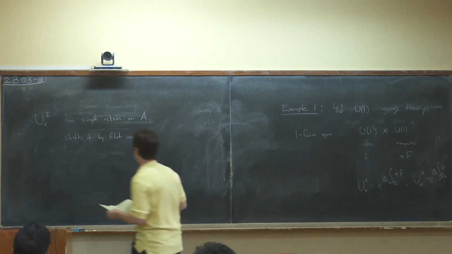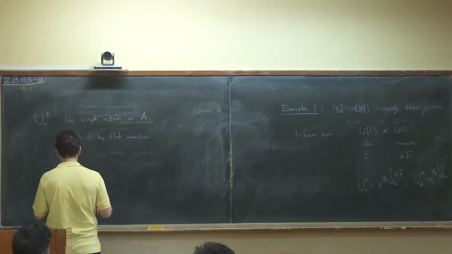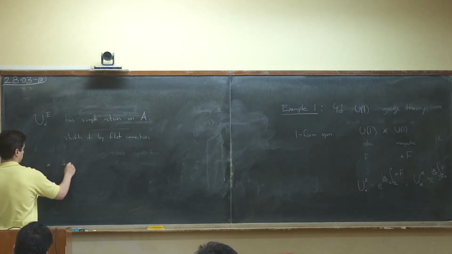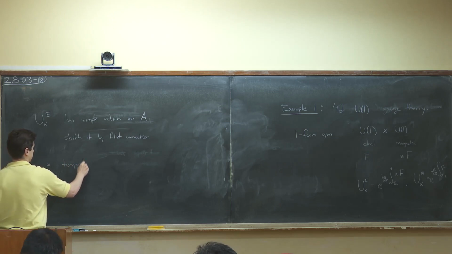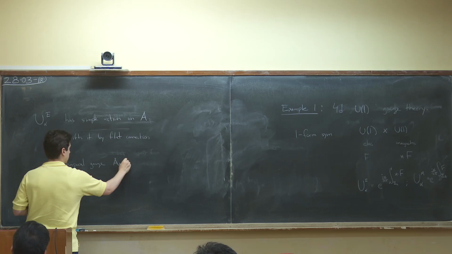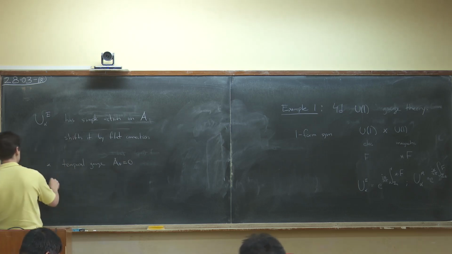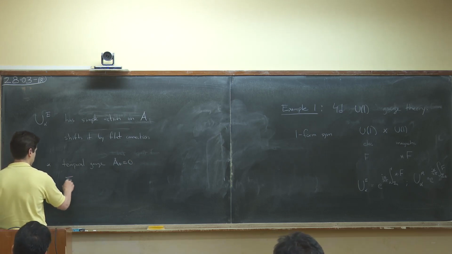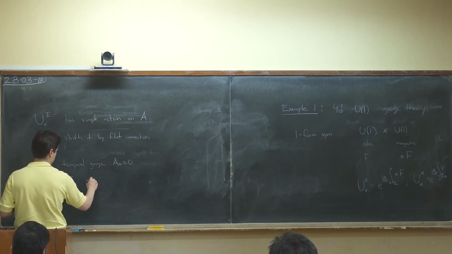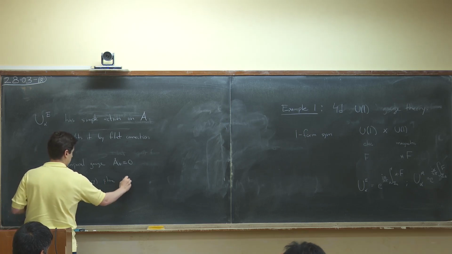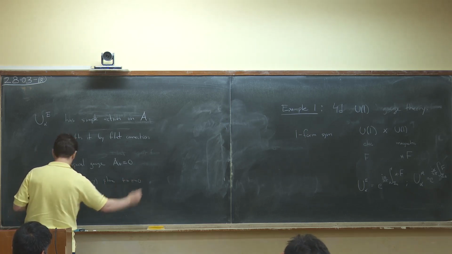So let's pick some coordinates. Let's make it very explicit. First step, let's be in temporal gauge, so A_T is 0. Next step, we'll take this manifold sigma 2 to be the xy plane at t equals z equals 0.